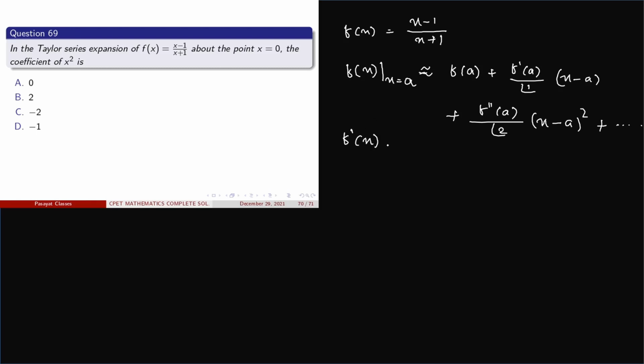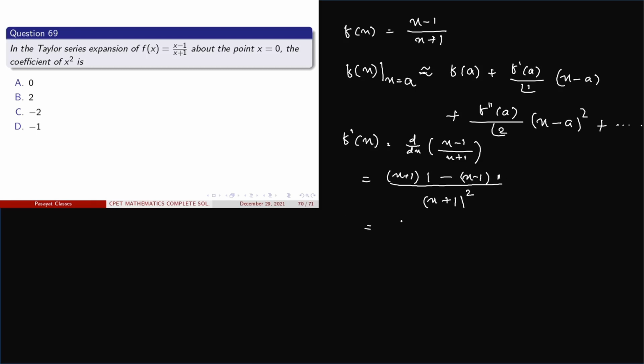First of all, find f dash of x. That means we have to find the derivative of x minus 1 by x plus 1, that is d by dx of x minus 1 divided by x plus 1. On solving this, the denominator is x plus 1 whole square, and the numerator is x plus 1 into derivative of upper, that is 1, minus upper and derivative of lower, that is 1.